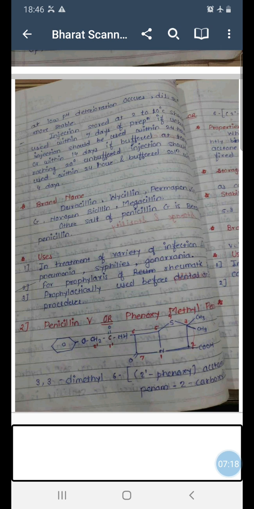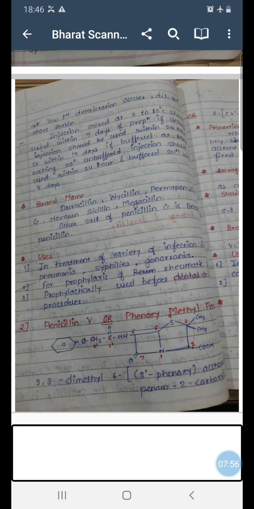Now the other way of writing the name of the same molecule is by taking penicillinic acid as base. Now you all know, whatever substituents are present at position 6, excluding that, the rest of the molecule is called penicillinic acid. That is the fused heterocyclic bicyclic nucleus along with the common substituents present in penicillins, like dimethyl and COOH. So you just have to write the name of the substituent at position 6 and after that write the name penicillinic acid, which is your base.